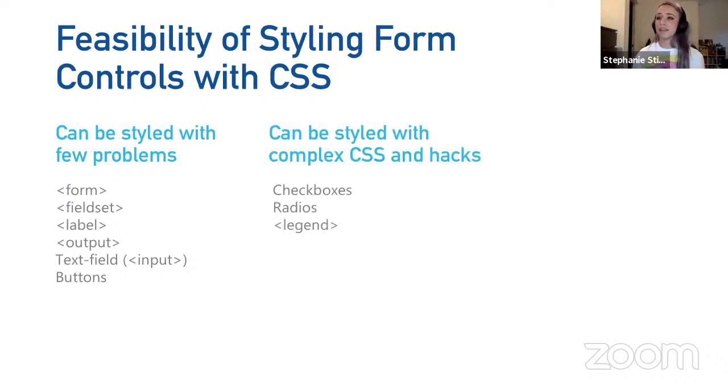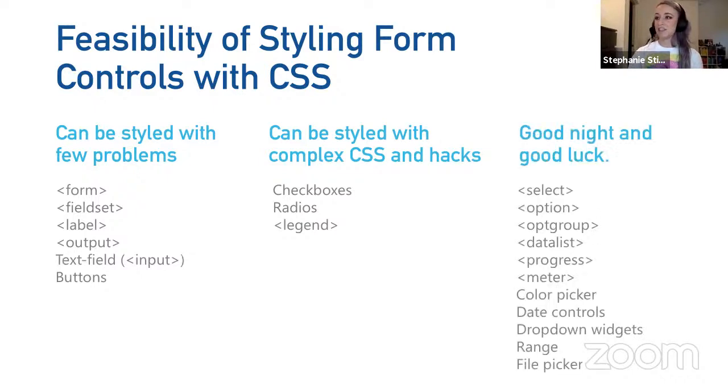The second bucket is a little bit more complex. You're most likely going to have to be a little bit hacky and sneaky with your CSS, but it is possible to style them. And then this final bucket I like to lovingly refer to as the good night and good luck bucket, because these are incredibly difficult to style or impossible to style with CSS at all.